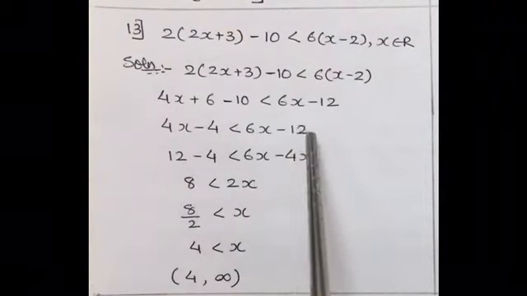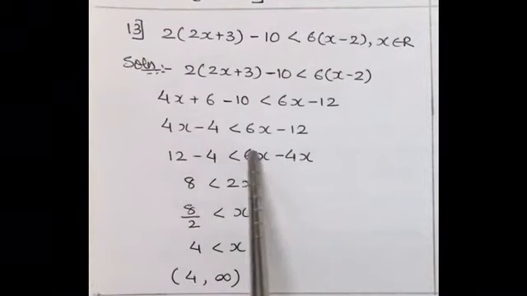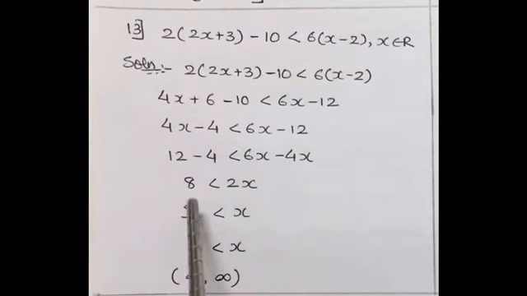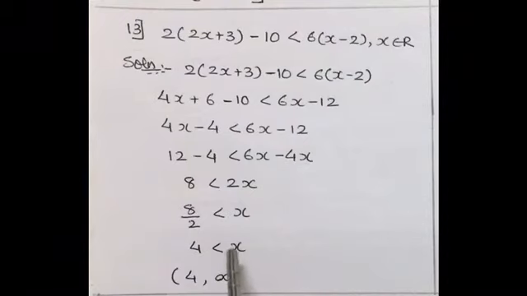Shifting 4x the other side and minus 12 the other side, we get 12 minus 4 less than 6x minus 4x. 8 is less than 2x. So finally shifting to the other side, we get 4 is less than x or x is greater than 4.